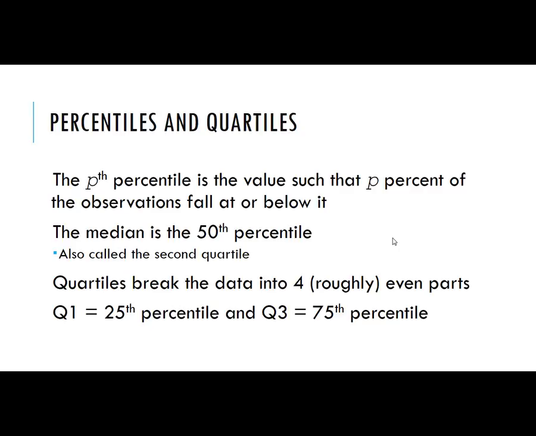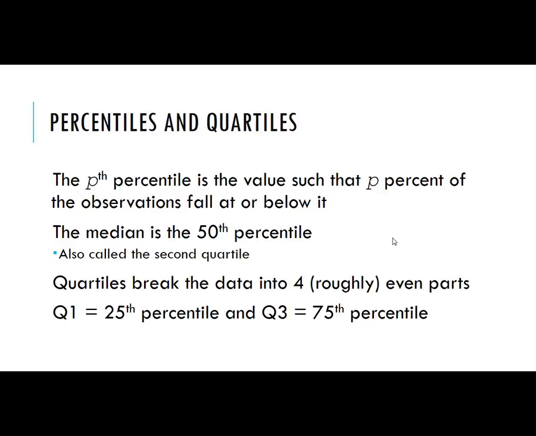Right. So the median is the 50th percentile. It cuts the data in half, so 50% is exactly below the median, 50% exactly above the median. It's also called the second quartile. Quartiles break the data into 4 roughly even parts.